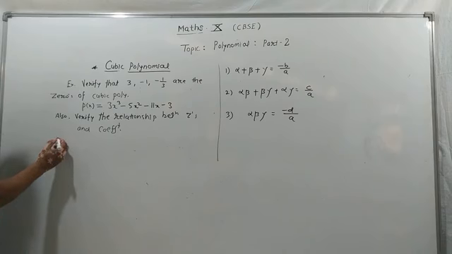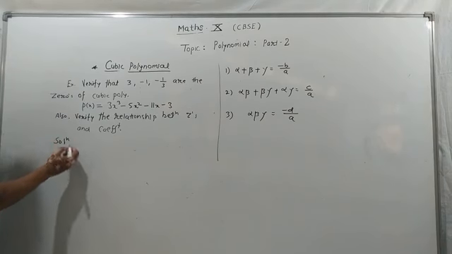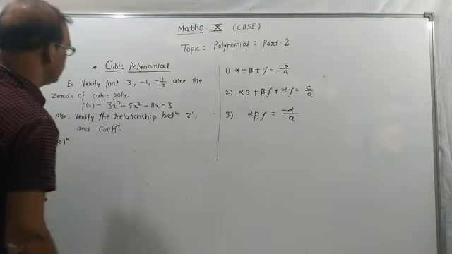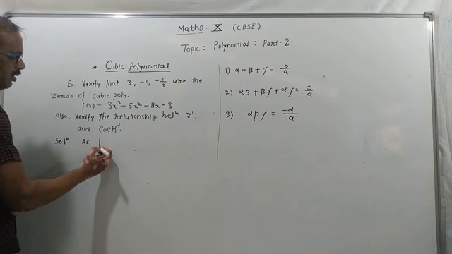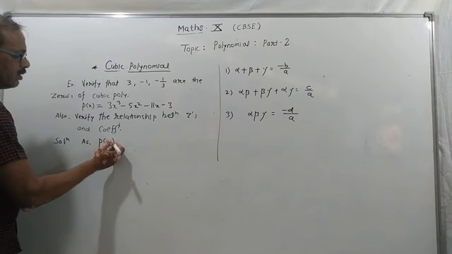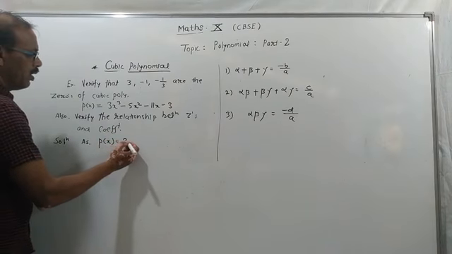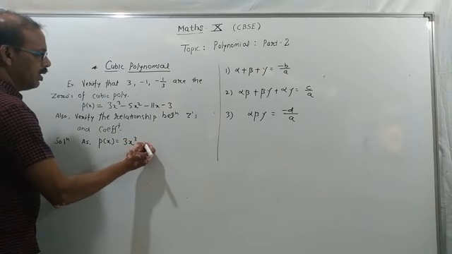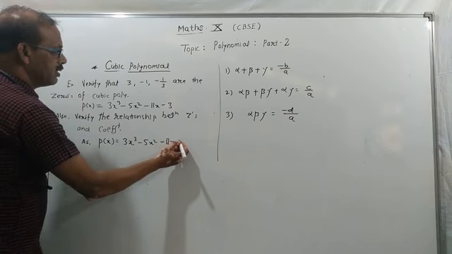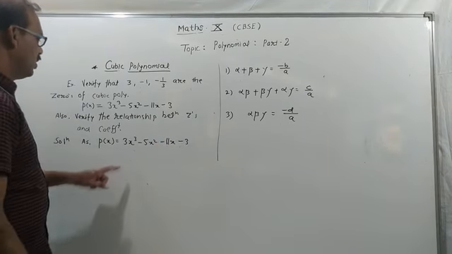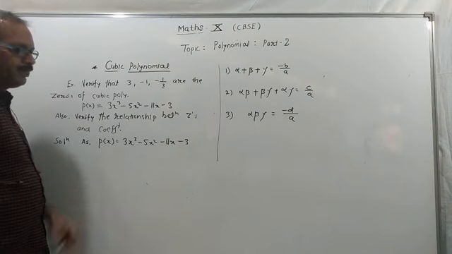In the solution, first write given polynomial as p of x is equal to 3x cube minus 5x square minus 11x minus 3. This is a given cubic polynomial.